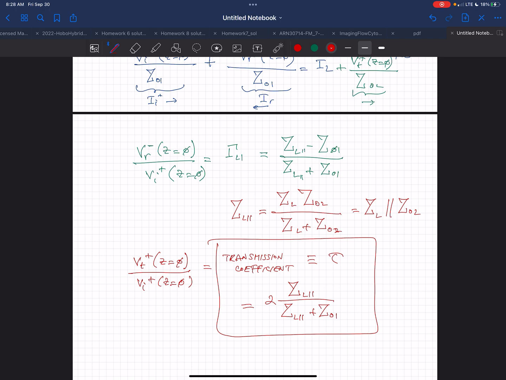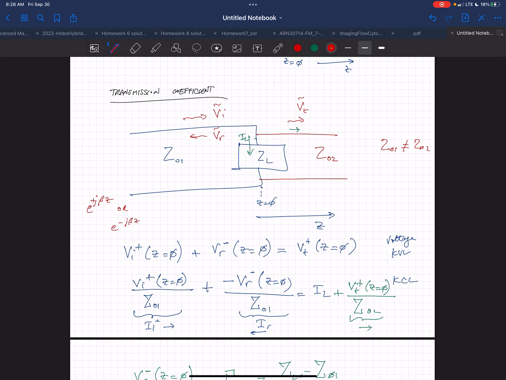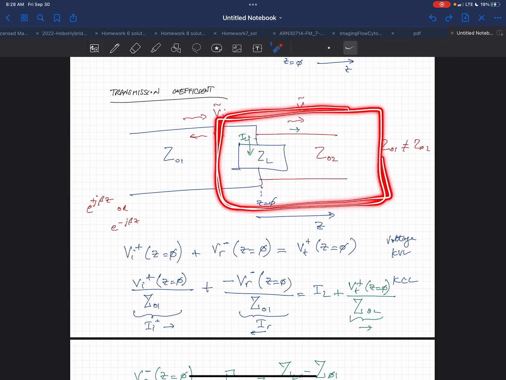What does the ZL with the double stroke mean? The ZL double struck means Z load parallel. If it were just ZL by itself, it would be as if there is no load here, so it would just be ZL. As soon as you plug in this second transmission line, the load impedance isn't just ZL, the load that you thought you put in, but it's that plus this extra transmission line.